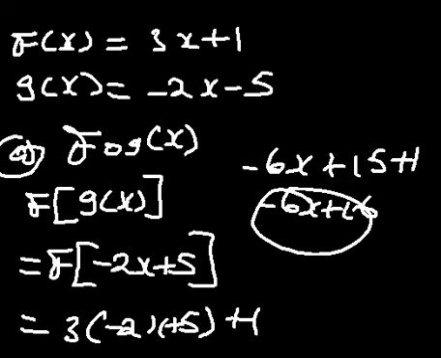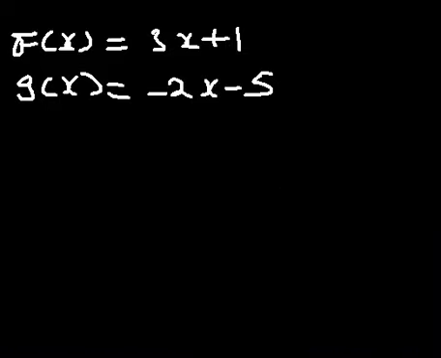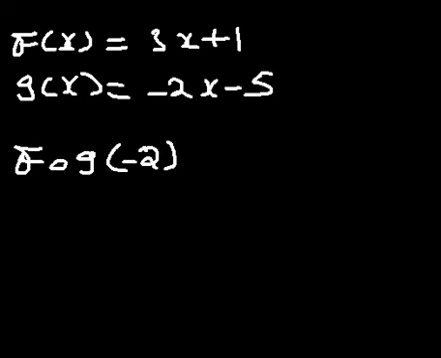Let's say we now have a case B, which is to calculate f composite g of negative 2. In this case, we first have to find f composite g, then use negative 2 as the input.